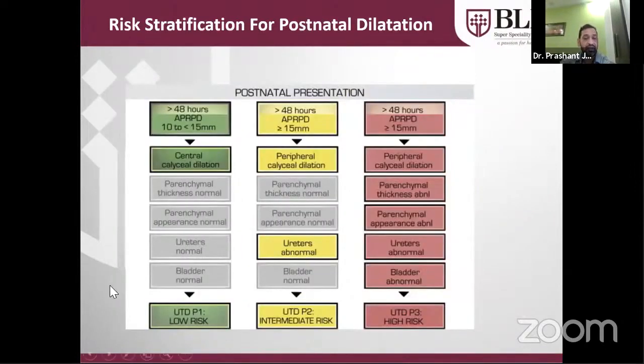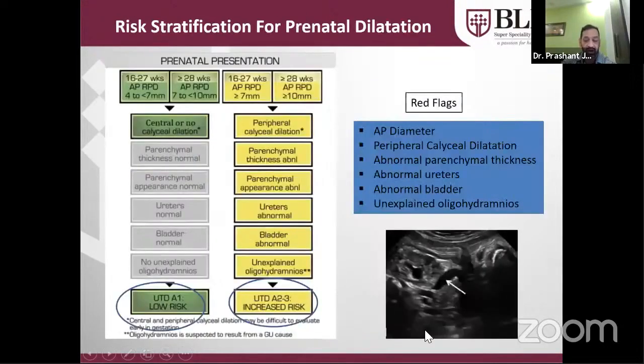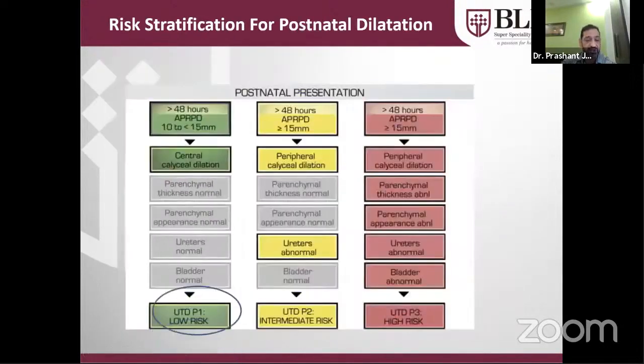So similarly, the postnatal presentation has been categorized into three risk groups: low risk, intermediate risk, and the high risk groups. Now, the low risk basically is a dilatation which is less than 15 mm with central calyceal dilatation only.